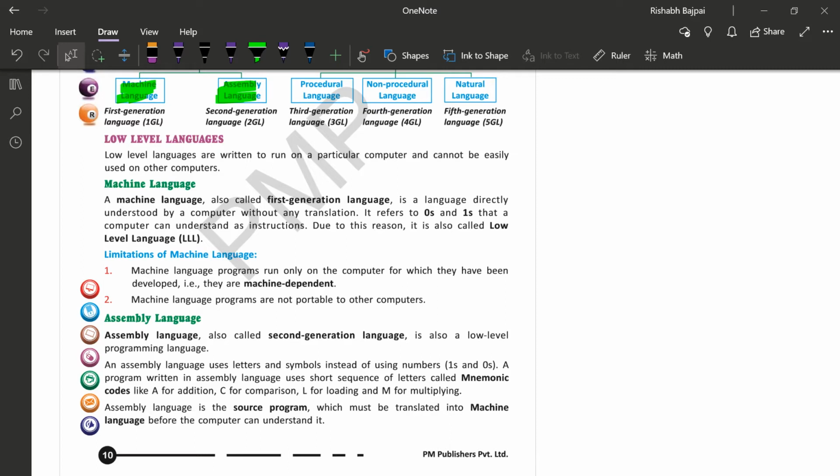Let us suppose that we are going somewhere, we are going to China, and we are not aware of Chinese, so it will be difficult to communicate there, right? And without communication, how can we manage? So for that purpose, what can we do? What would be the best option for that? We may hire a translator.